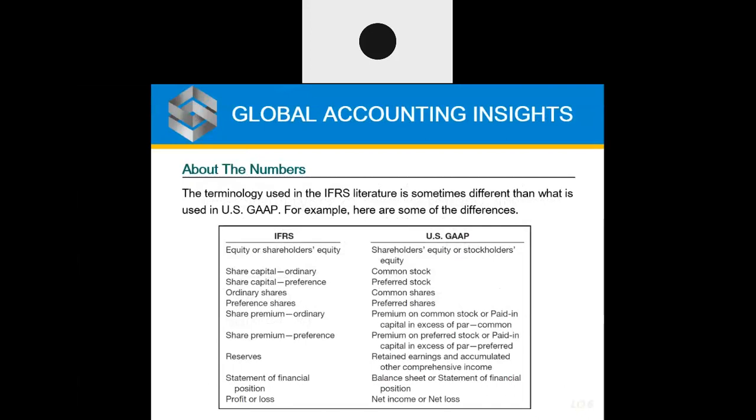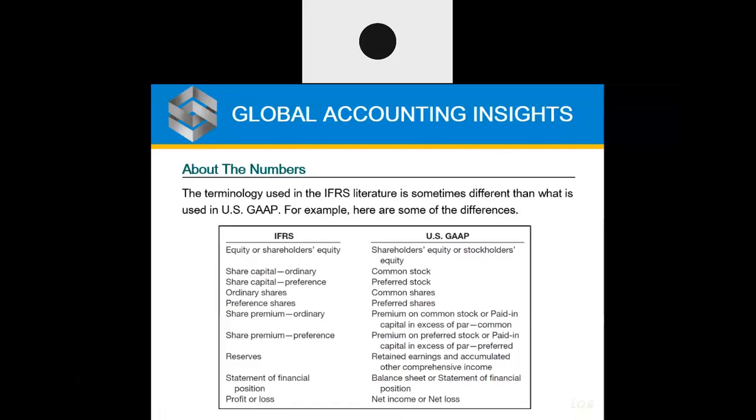So you can see here some of the differences between the terms used by IFRS and US GAAP. Like Malaysia, we commonly use IFRS terms, but some books refer to US GAAP terms. So you just look at these terms so that you can get familiar with them. It's just different terms, but actually they are the same things.